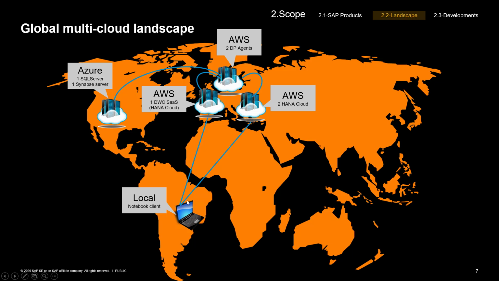We are accessing on a remote computer from Brazil, connecting to the Data Warehouse Cloud instance provisioned in AWS in Europe, and we are going to use the data provisioning agent that was created in AWS to access the SQL Server or the HANA instances that are available in HANA Cloud.